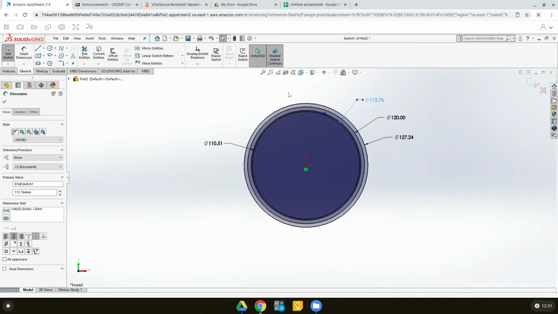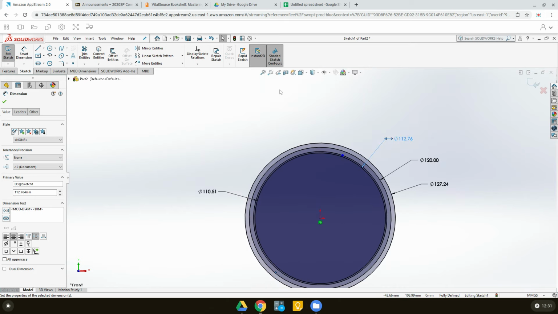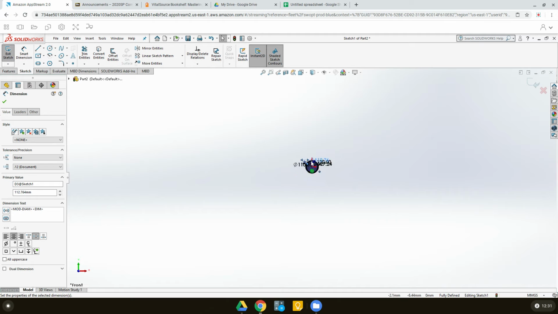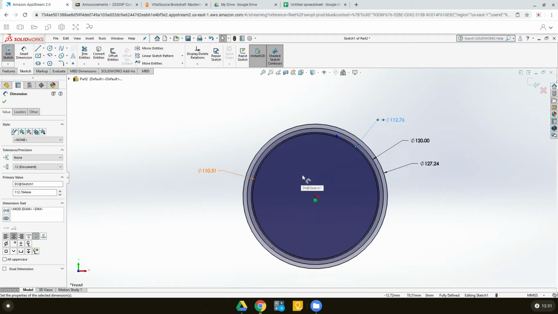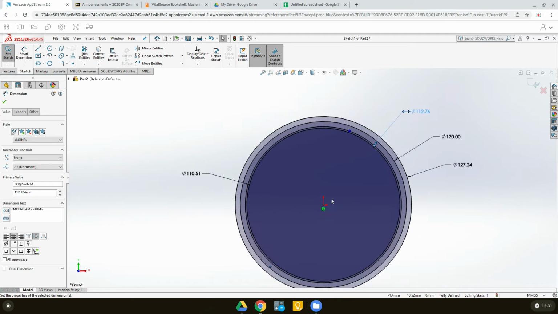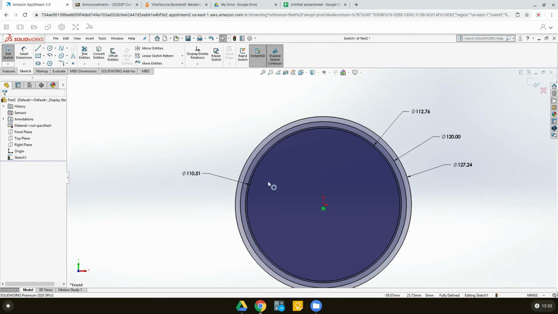Okay, I think that's good enough. So we have the 4 circles.